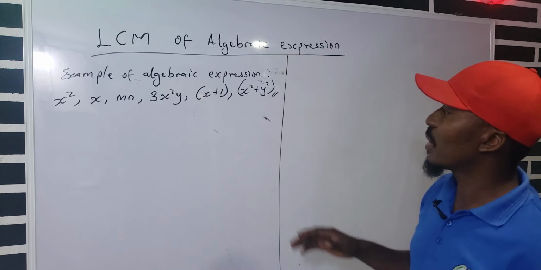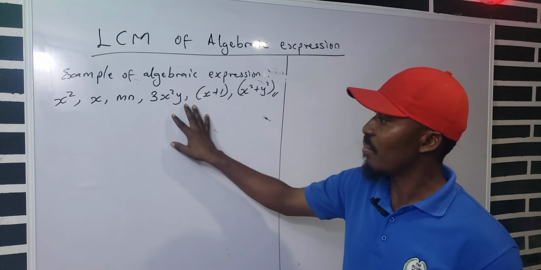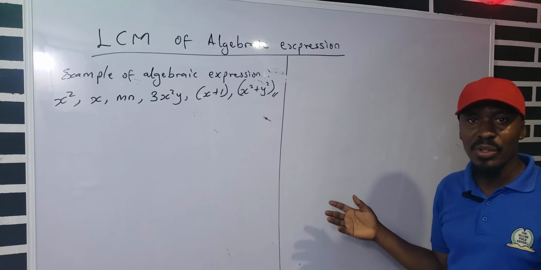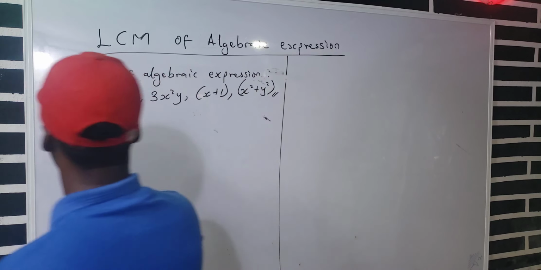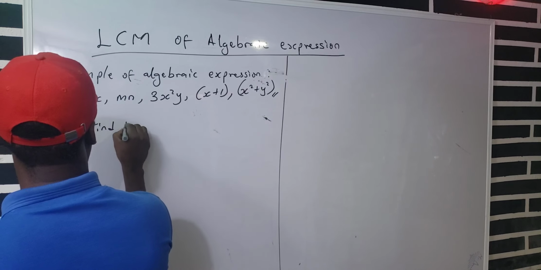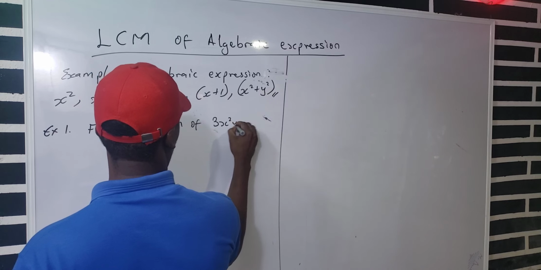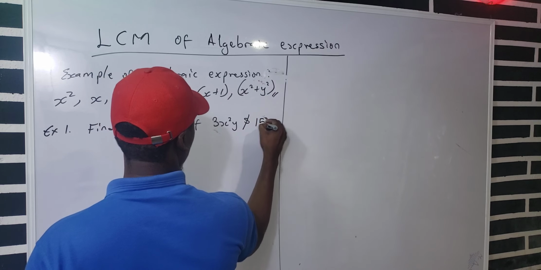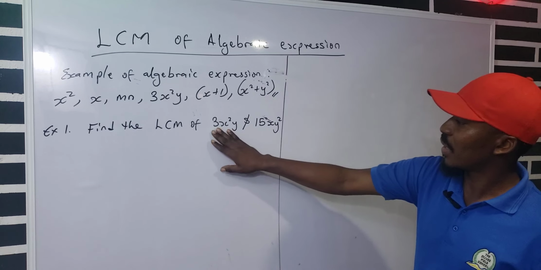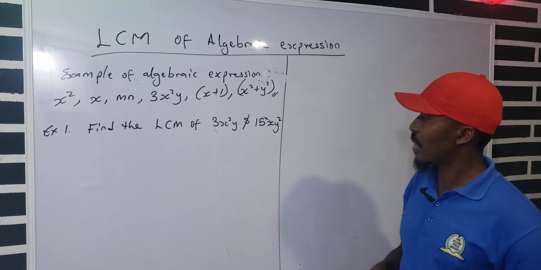So we are looking at how we can find the LCM of an expression like this. Let's take an example. Find the LCM of 3s square y and 15sy square.